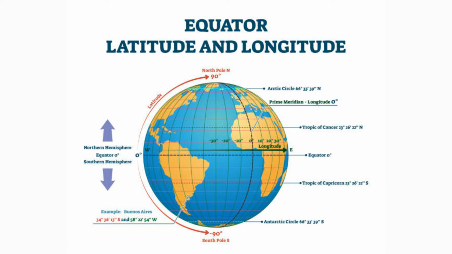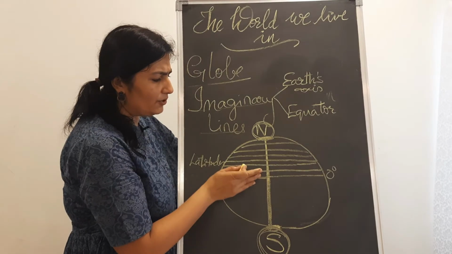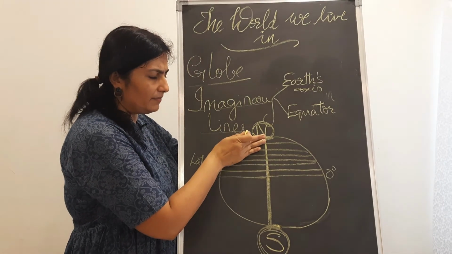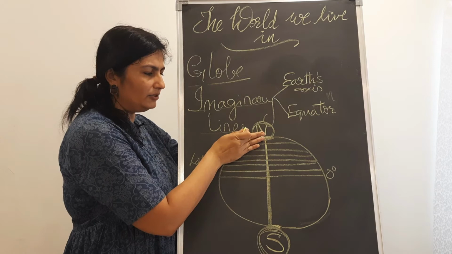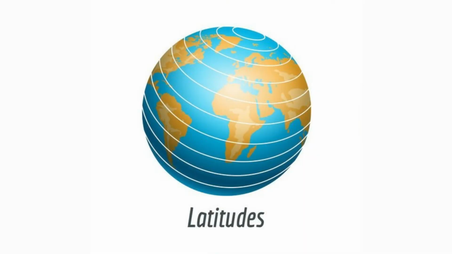You have parallel lines or latitudes above the equator, and you have parallel lines or latitudes below the equator, towards the southern hemisphere. So we have both sides. We will learn about them in just a minute in detail.